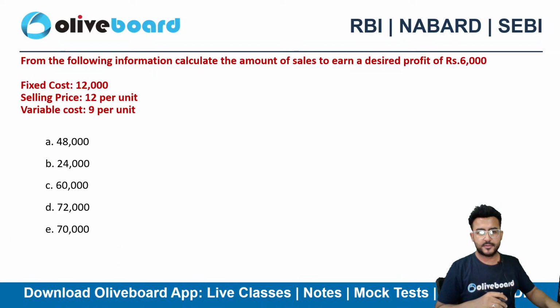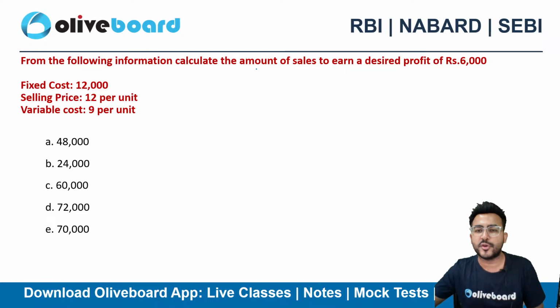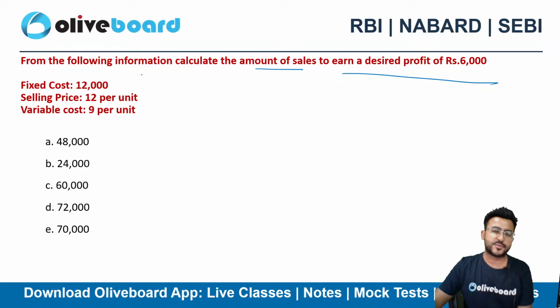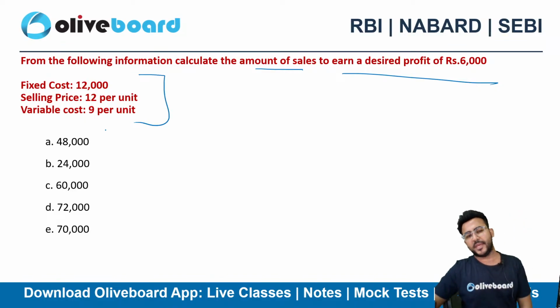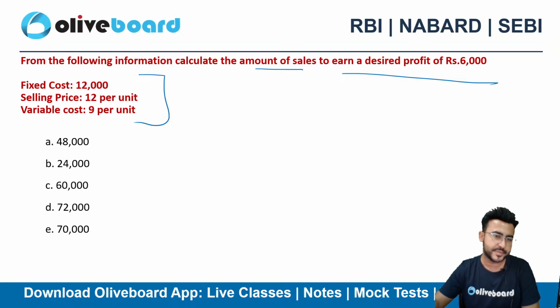Next. Now from the following information you need to calculate the amount of sales to earn a desired profit of 6,000. Fixed cost 12,000, selling price 12 rupee per unit, variable cost 9 rupee per unit. Another simple question, a direct question, a formula based question.